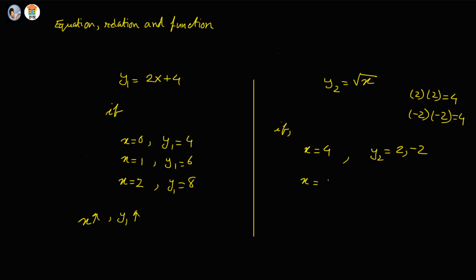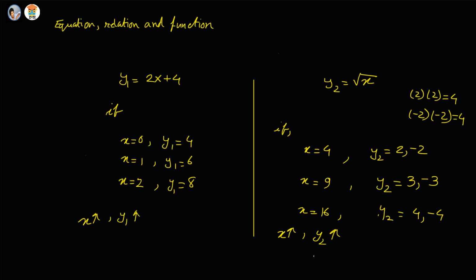Again, if x is equal to 9, y2 equal to 3 or minus 3. If x equal to 16, y2 equal to 4 or minus 4. Here we see that if x increases from 4 to 9 to 16, and we take the positive values, y2 increases.